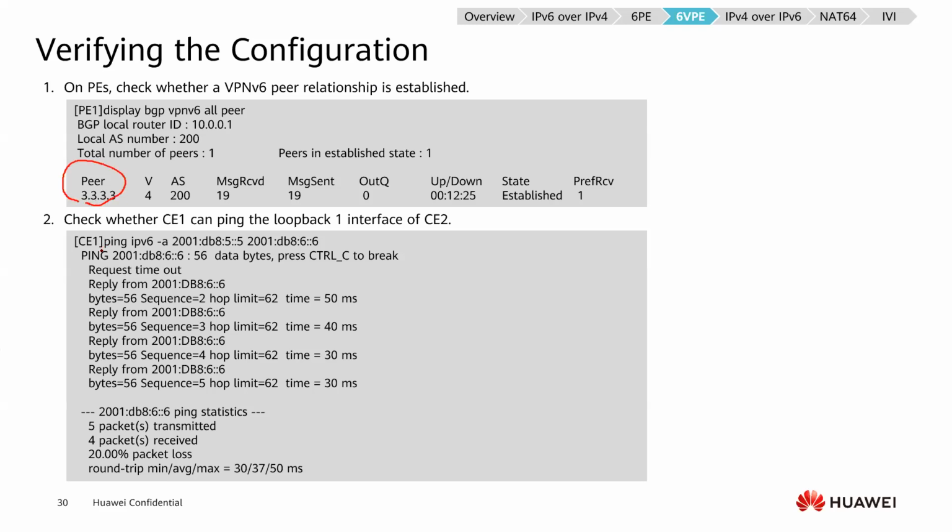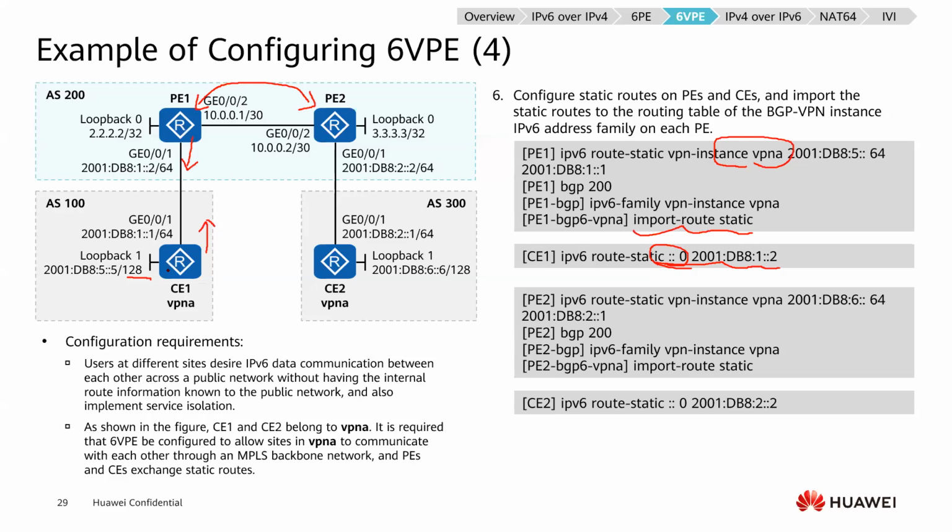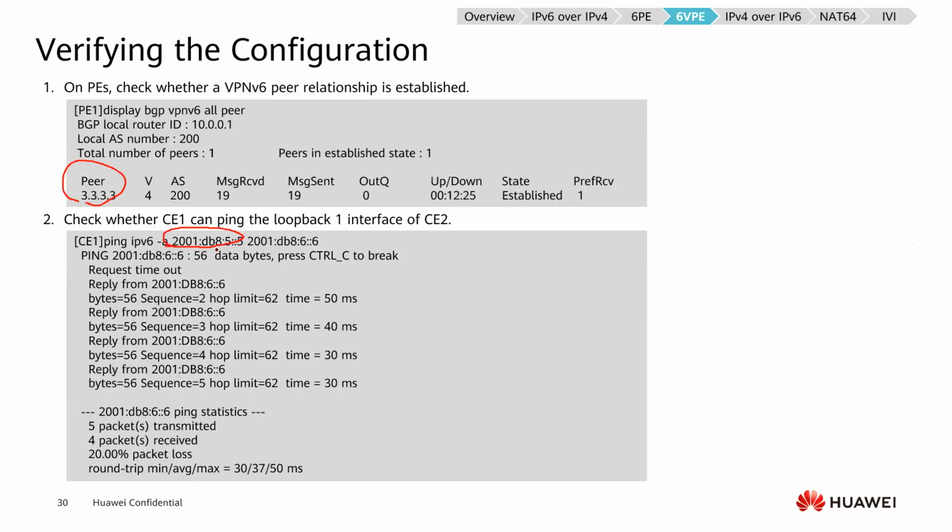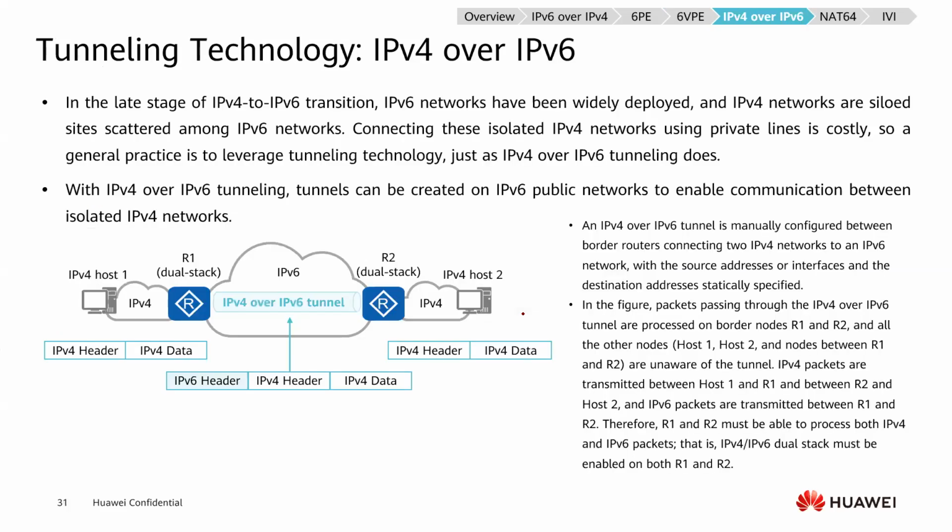And then on CE1, you can use the CE's loopback 1 address as the source to ping the destination, CE2's loopback address, and you find you successfully communicate with the destination. So the configuration is correct.